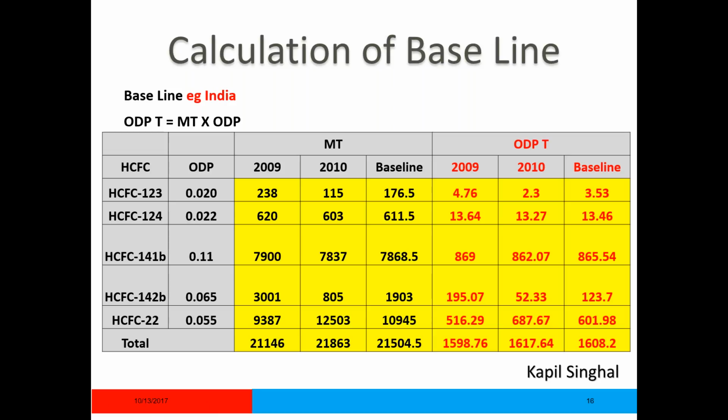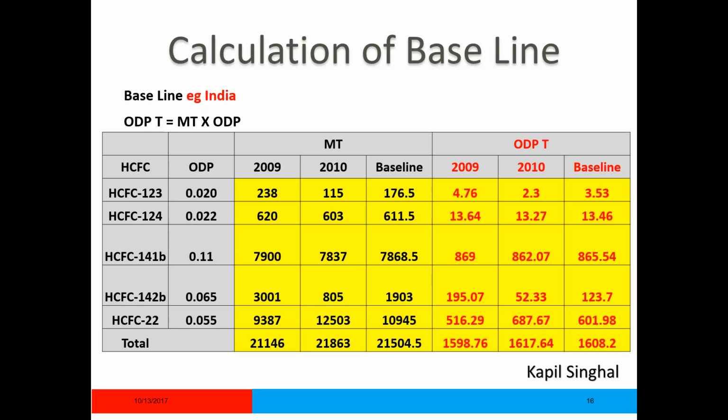Now, how they make a difference is, for example, for India's baseline, the actual metric tons, in thousands of kg. For R22, almost 10,000 and 12,000 tons were consumed in India. The average of that was taken as 10,945 metric tons.